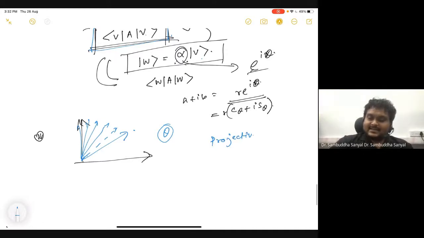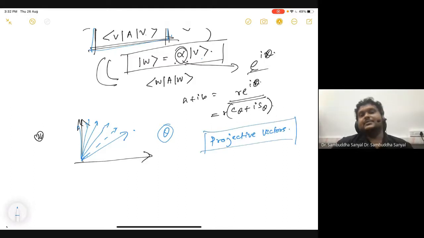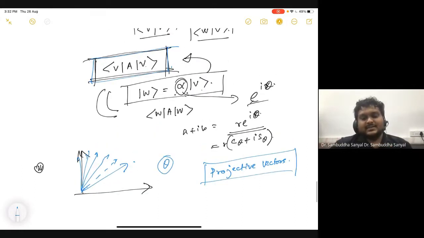There is a very strict definition of projective vector space and projective vector in math. But I am giving you a very physical and intuitive reason. Think of a mathematical object which is this, and if the matter of your physical concern are these states V, and the only thing which you can measure in an experiment is this object, then this V cannot be a vector.